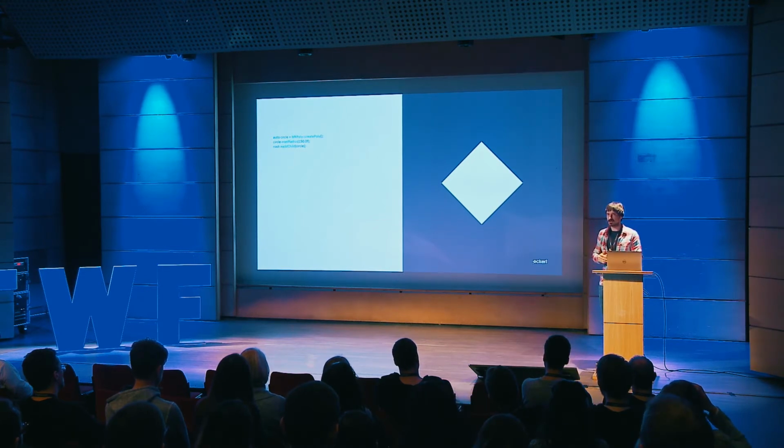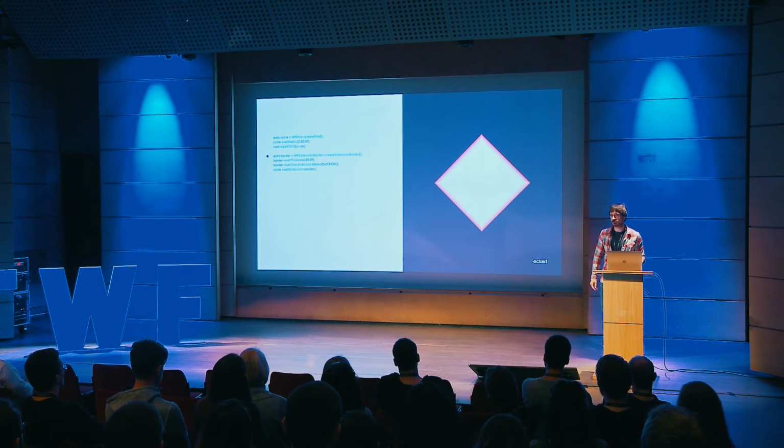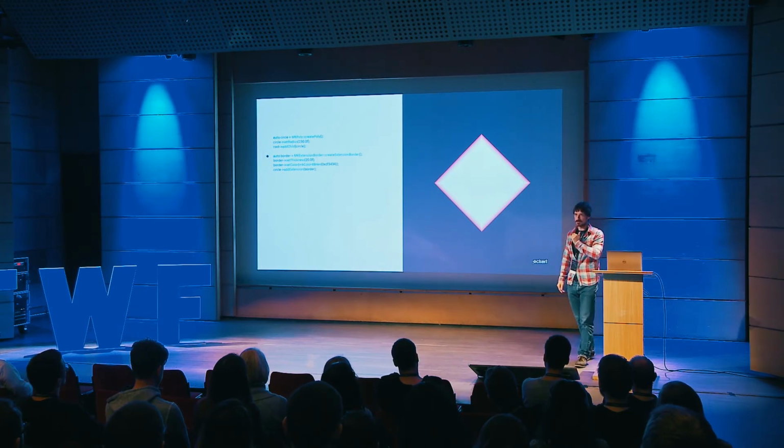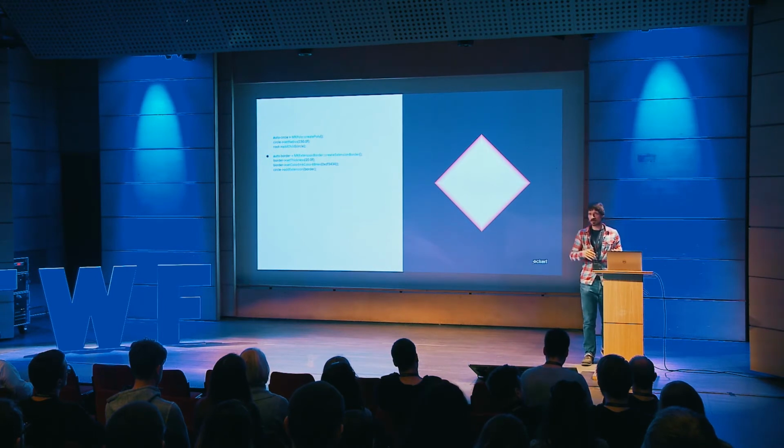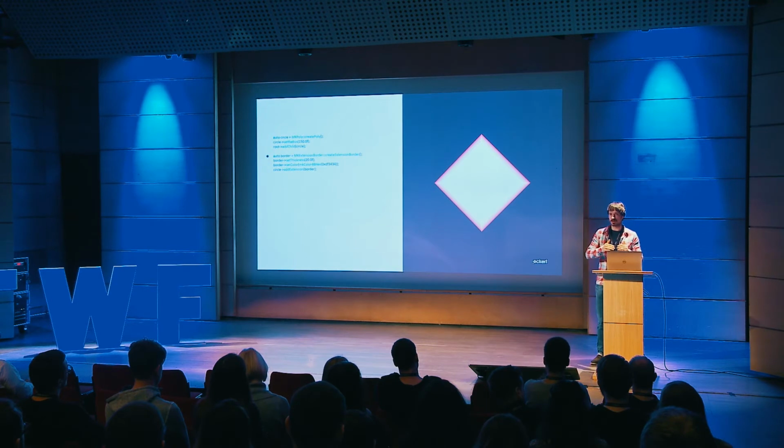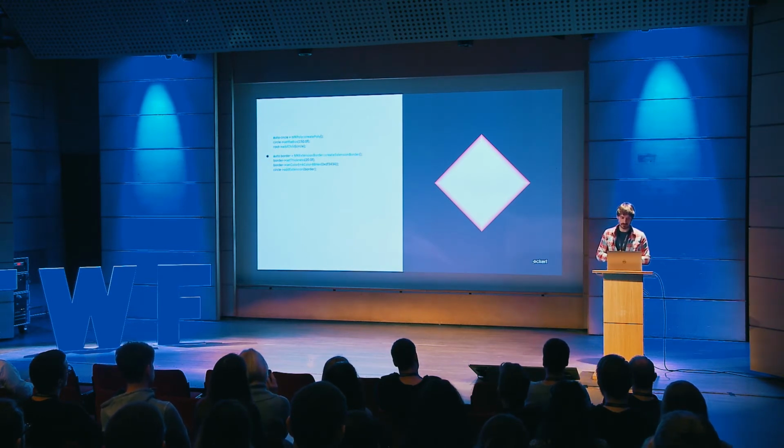Now, Meek has a lot of nice little different tricks that it does. And one of those tricks is that you can add extensions. So you have a bunch of primitives, like for example this polygon, but then you also have extensions. These can, as the name suggests, extend the underlying geometry. And so here, for example, we have a border extension.